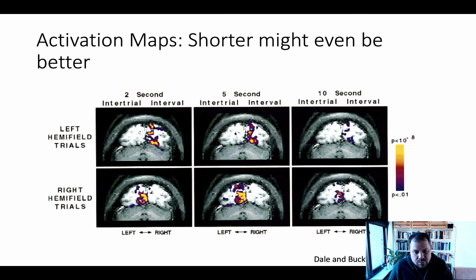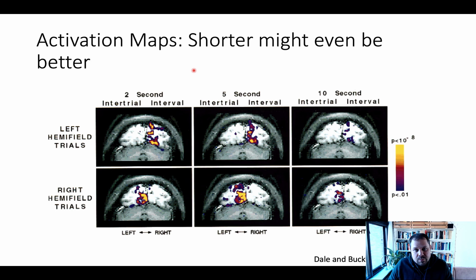So finally, to illustrate some of the advantages of fast event-related designs, here's an experiment by Dale and Buckner again in 1997. And they conducted, as you can see, a lot of experiments on what's possible within the fMRI environment, and especially when it comes to event-related designs. So what they did here is they presented these checkerboards again to participants, once in the left visual field, once in the right visual field.